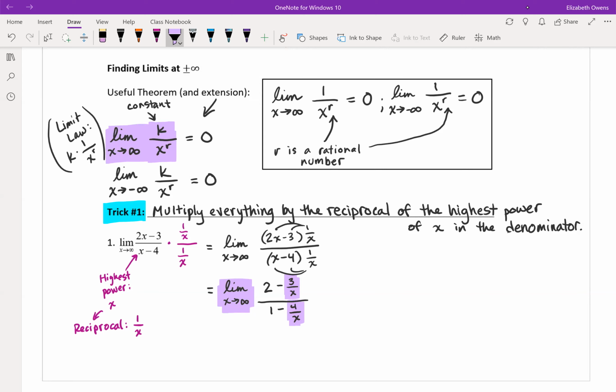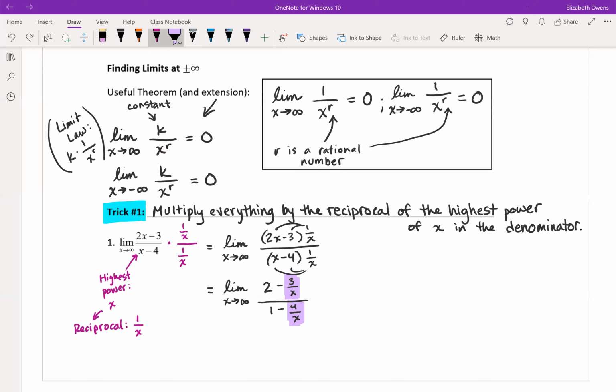So those two expressions highlighted in purple, the 3 over x and the 4 over x, each have a limit of 0 as x gets very, very large. That's how we use our theorem and extension. We let those pieces become zeros.